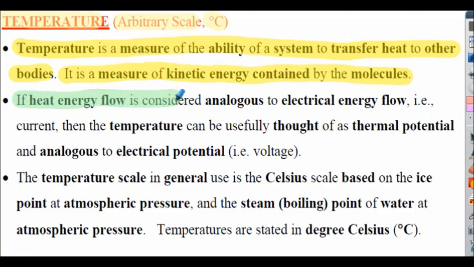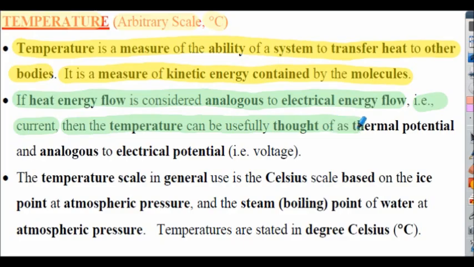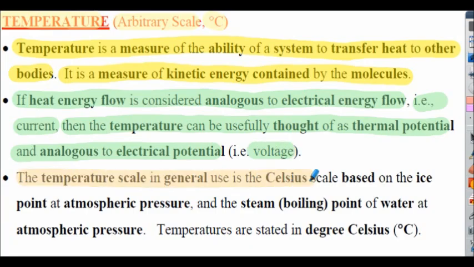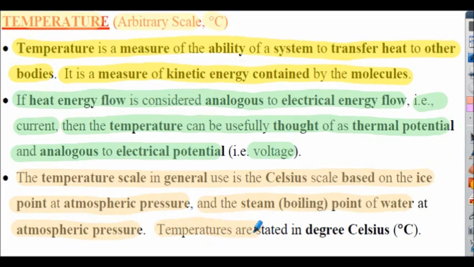If heat energy flow is considered analogous to electrical energy flow, i.e. current, then the temperature can be usefully thought of as the thermal potential and analogous to the electrical potential, i.e. the voltage. The temperature scale in general use is the Celsius scale, based on the ice point, atmospheric pressure, and the steam boiling point of water, atmospheric pressure. Such temperatures are stated in degrees Celsius, denoted here.